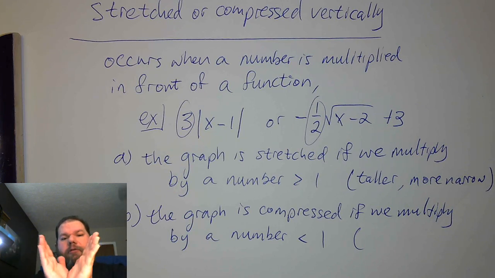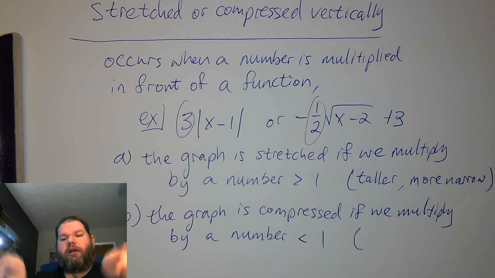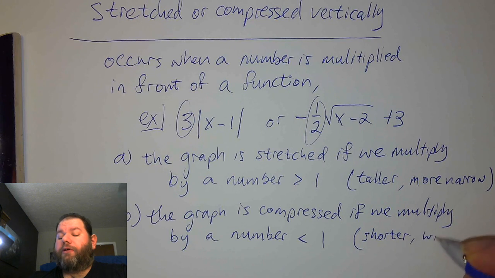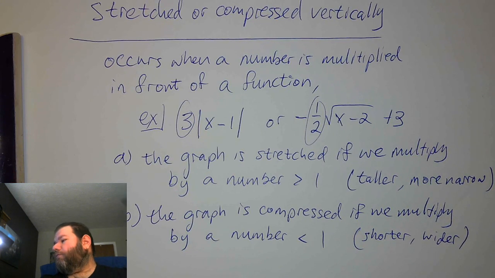So if we took a parabola and we compressed it, it would be more of a bowl shape than a traditional parabola, depending on the ratio of the compression that was taking place. So in this case, it'll appear shorter and wider.